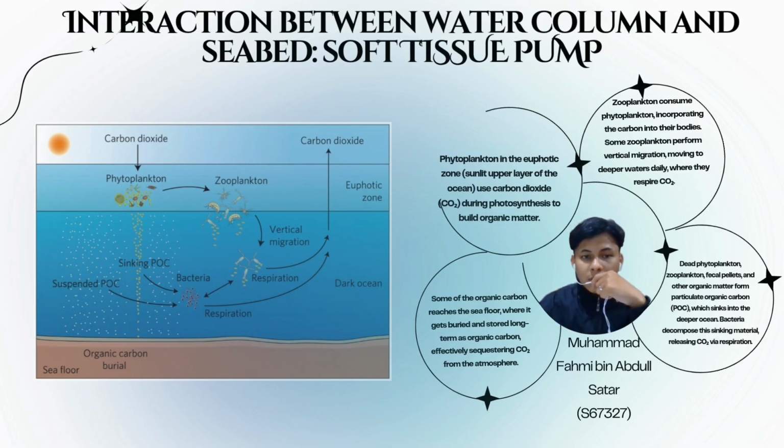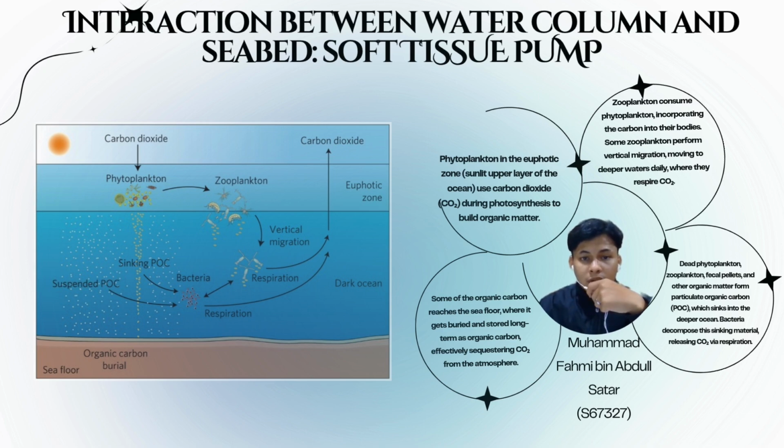So I will explain the interaction between the water column and seabed by explaining the soft tissue pump. First of all, during photosynthesis, phytoplankton create organic matter using carbon dioxide. Then they get consumed by zooplankton, which incorporate this carbon into their bodies. These zooplankton undergo vertical migration into deeper water daily, so they can respire CO2 at the deeper part of the sea.